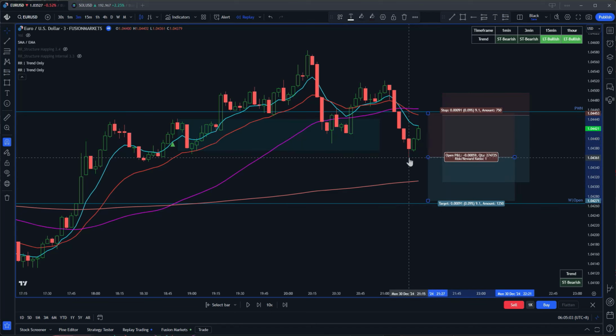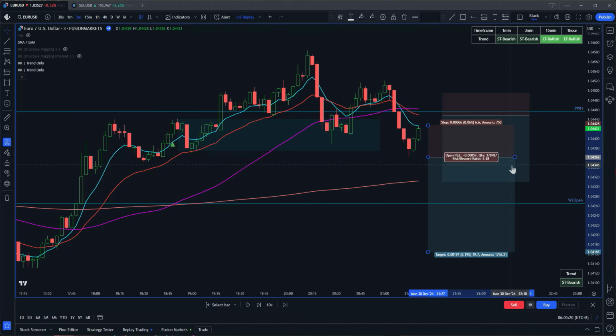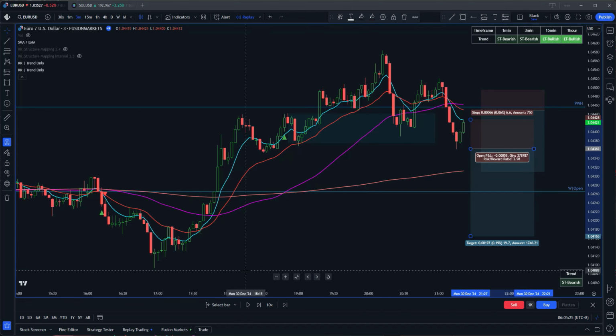From here, if the price comes here, this high will be my stop loss, and then a minimum of 3 to 4R I will be looking for. But once the order is confirmed, then I will see what my target will be.